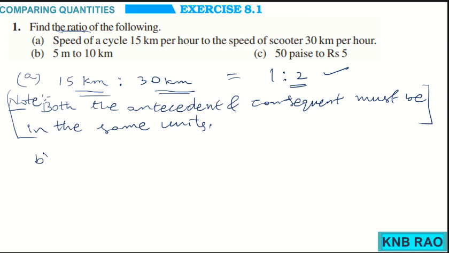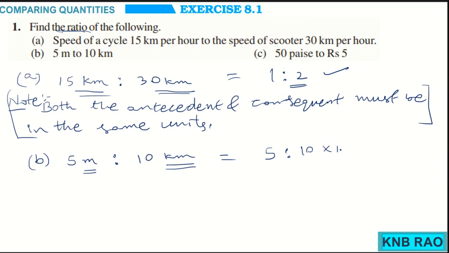Now coming to the sub question B, 5 meter is to 10 kilometer, and here antecedent is in meters and consequent is in kilometers. So we should bring it into the same units. So 5 is to, for 1 kilometer, 1000 meters are there.